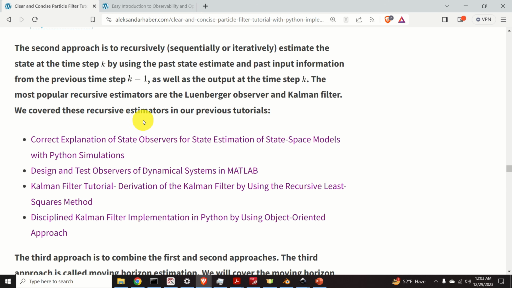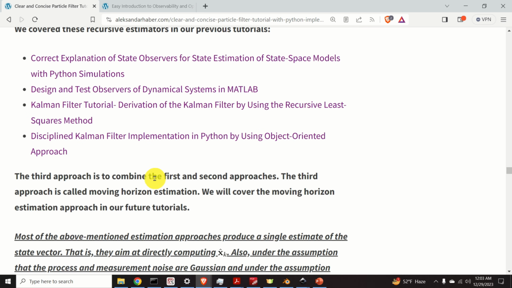We covered these recursive estimators in our previous tutorials. And here are the links to our previous tutorials. I will provide these links in the description below this video tutorial. The third approach is to combine the first and the second approaches. The third approach is called the moving horizon estimation. We will cover the moving horizon estimation approach in our future tutorials.